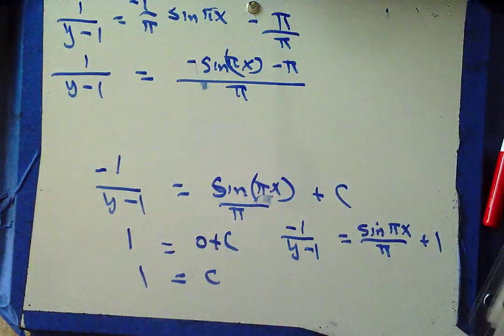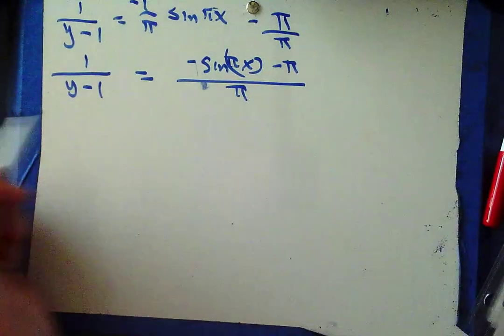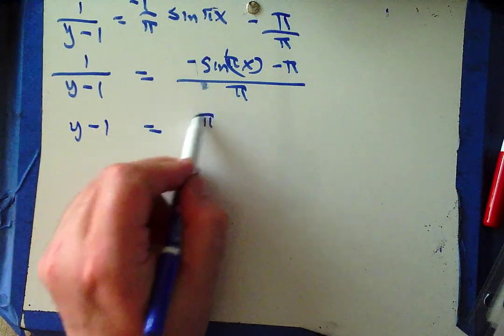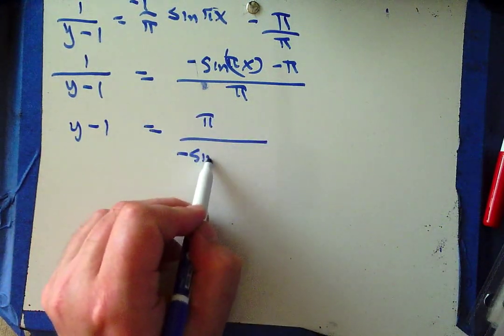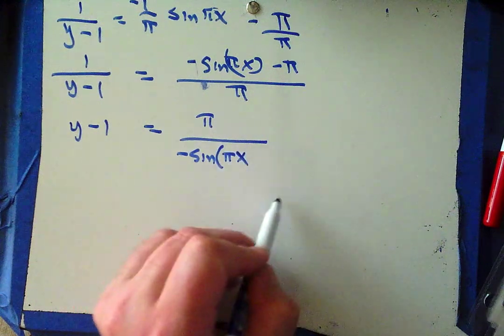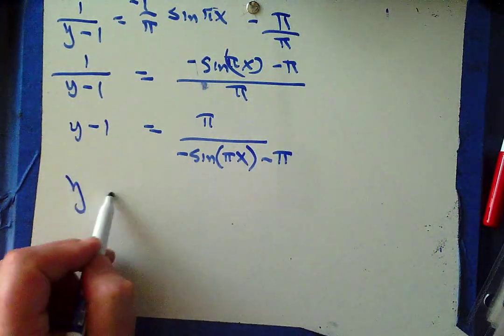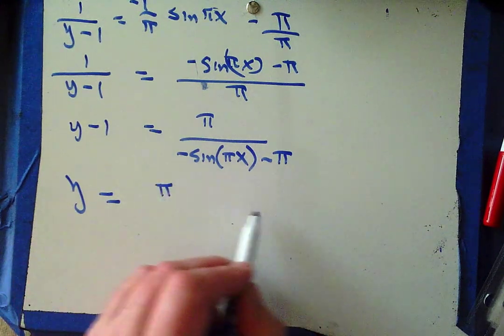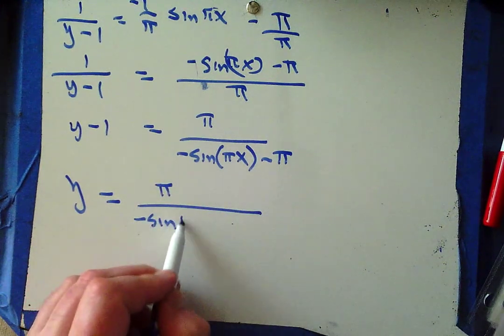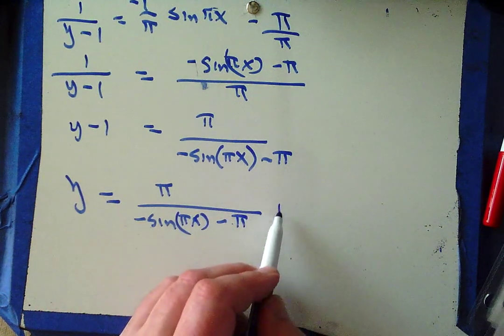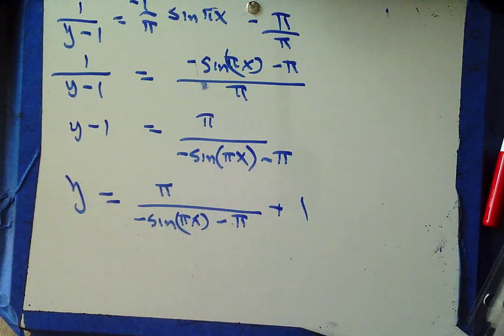And then I'm going to flip both sides, and I'm going to have y minus 1 equals pi over negative sine pi x minus pi, and I'm going to add 1. So pi over negative sine pi x minus pi, plus 1.